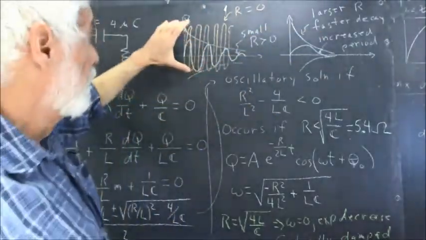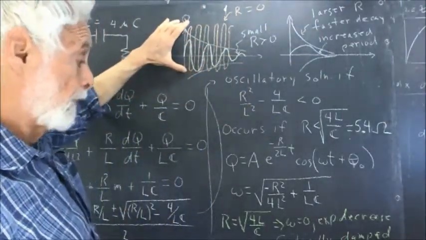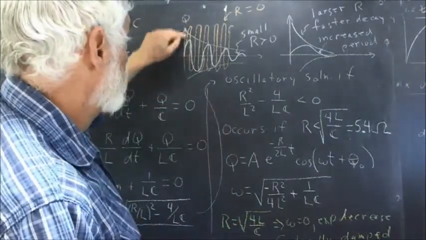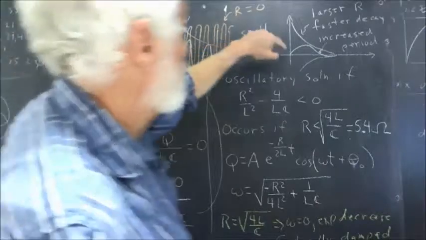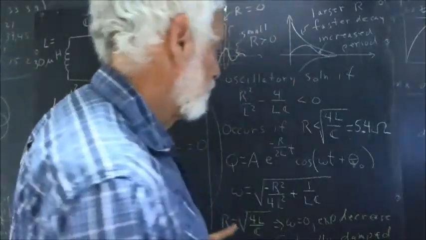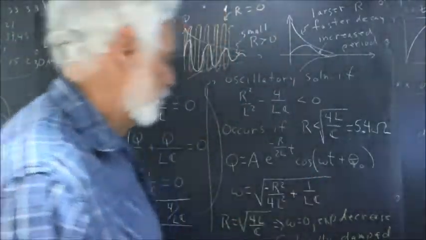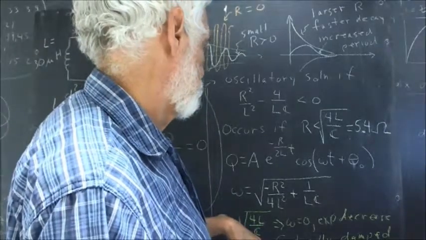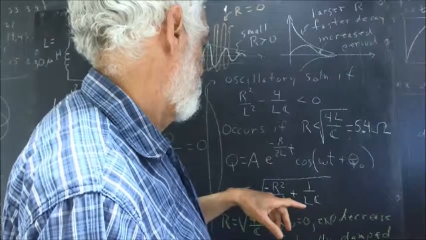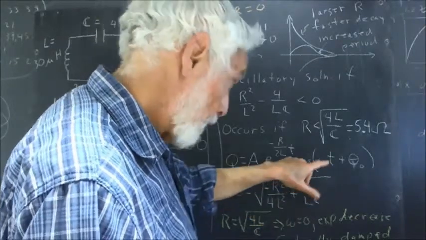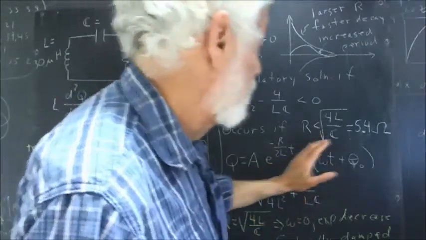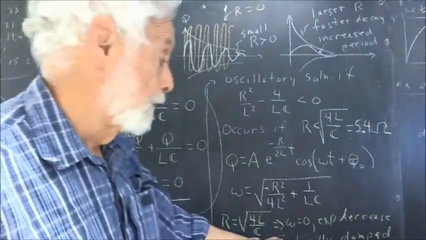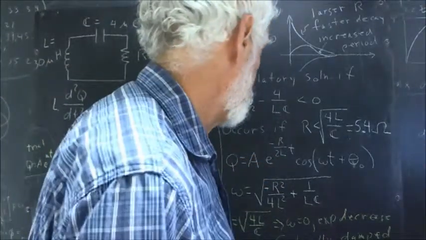So you can understand that as R goes from 0 to the square root of 4L over C, you go from this behavior to this behavior to this behavior, and finally, as omega approaches 0, this term just drops off and you just have the pure exponential, and that's what's going to occur at the critically damped point.